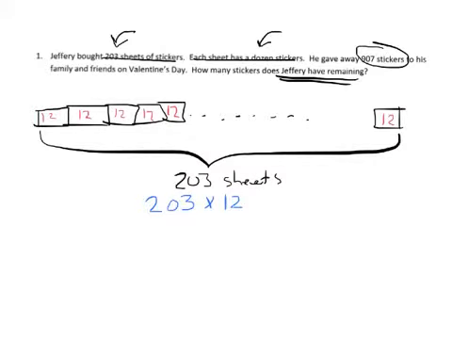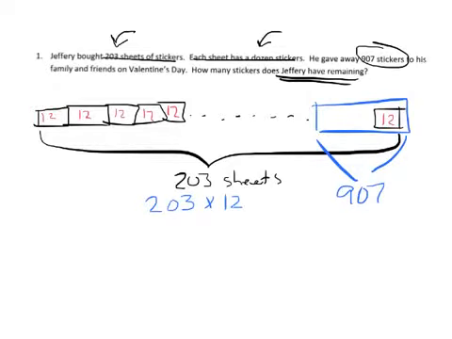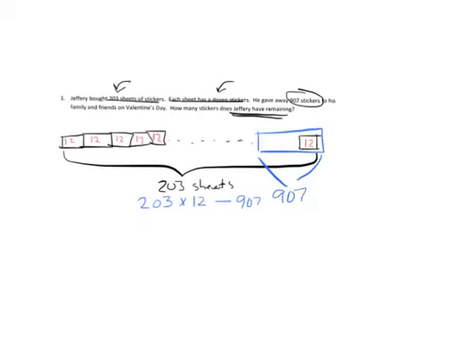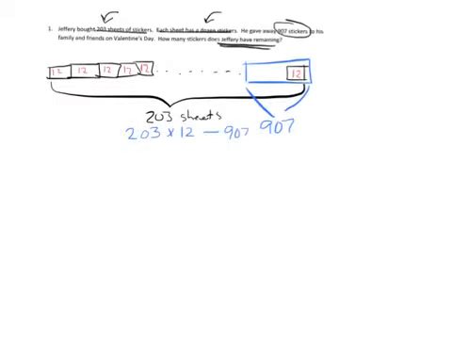And then we need to chop off this final 907 stickers, because that's how many he gave away. So once we've done this 203 times 12, we're then going to subtract 907. And that's going to tell us how many stickers Jeffrey has left over. So let's shrink this a little bit, move that up, and let's get working.